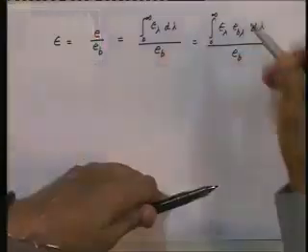E is nothing but the integral 0 to infinity of E lambda d lambda, integration over all wavelengths, upon E b, that is the integral 0 to infinity of epsilon lambda E b lambda d lambda upon E b. All right. Now, epsilon lambda is a constant.